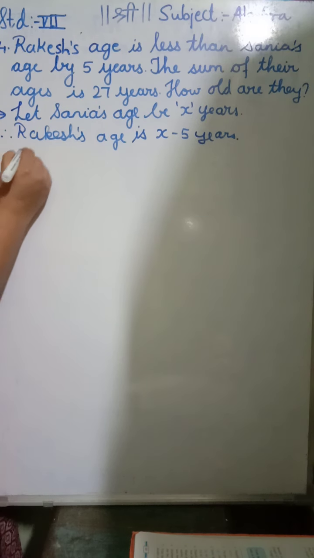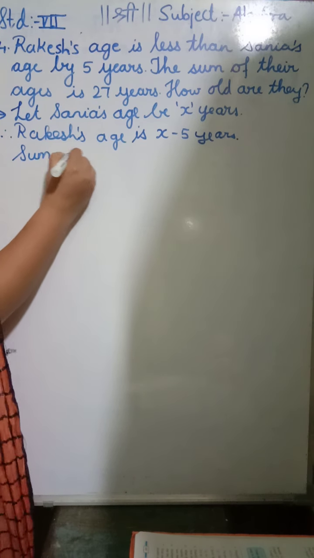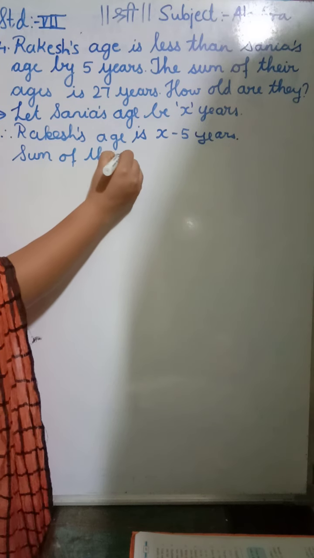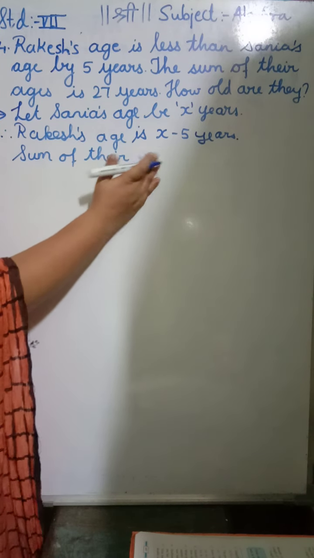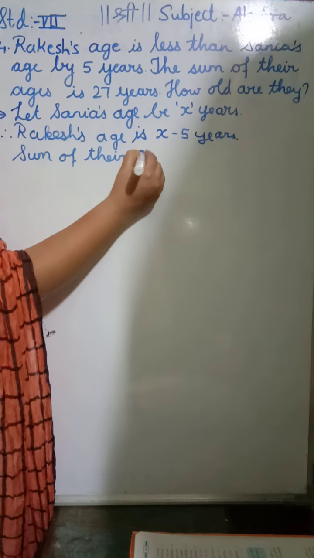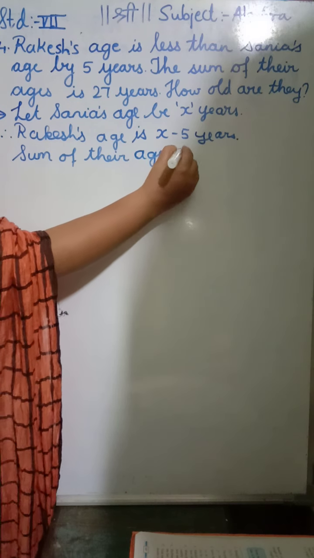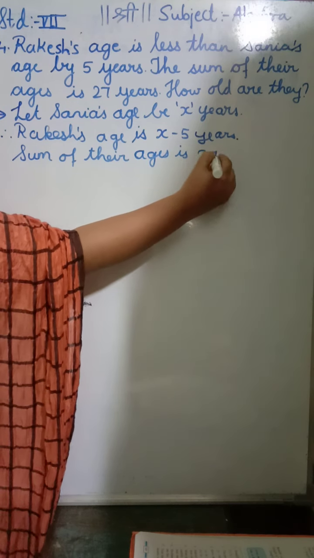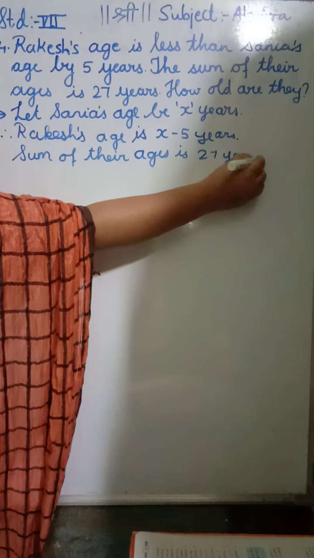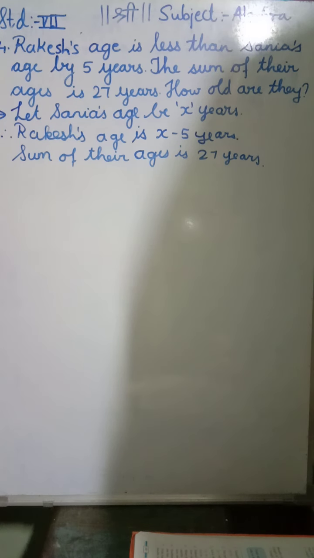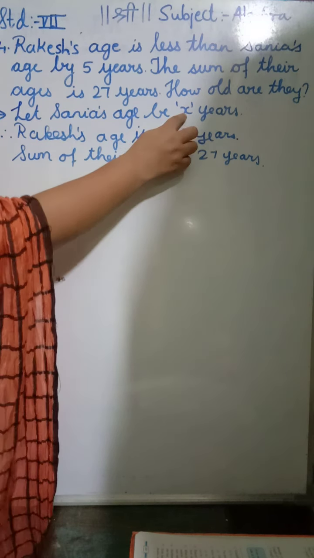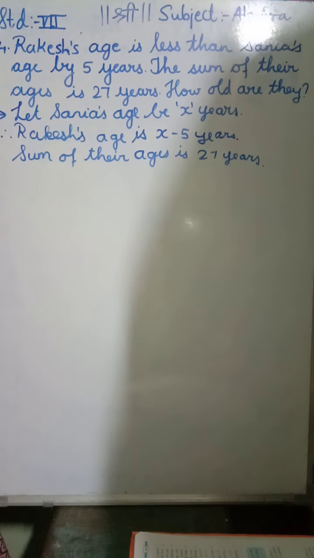Now see, in the next statement, they have told the sum of their ages is 27 years. So what will you write? Sum of their ages is 27 years. So now how old are they? We are going to add these both expressions.